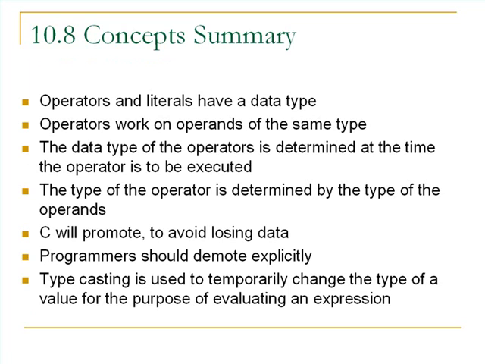Quick review of the concepts then. In this segment, we talked about operators having a data type, and also literals have a data type. So if you write 10 in your program, its data type is int, and if you write 10.0, its data type will be double. And the operator's data type, well, first of all, operators work on operands of the same data type.